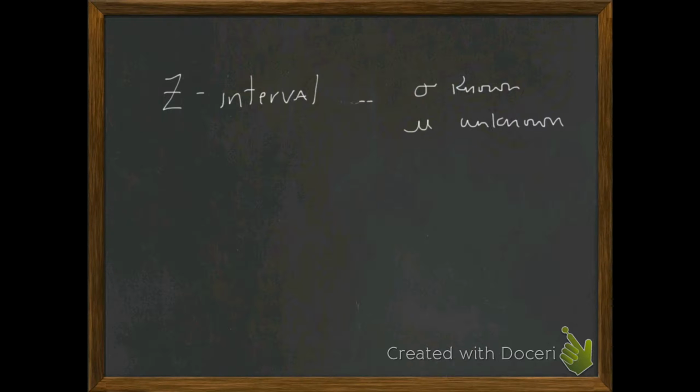So we collect a sample and we get a sample mean and a sample standard deviation and a sample size. Well guys, in this case it's kind of strange because we have a population standard deviation and a sample standard deviation that are both known. This value will always trump this value in the cases where they're known. If we didn't know the population standard deviation, then we would be doing a t-interval. But let's just assume we've got some rare occurrence here where the population standard deviation is known.